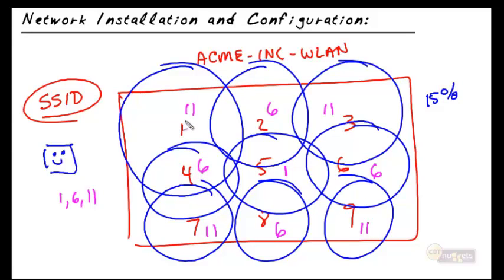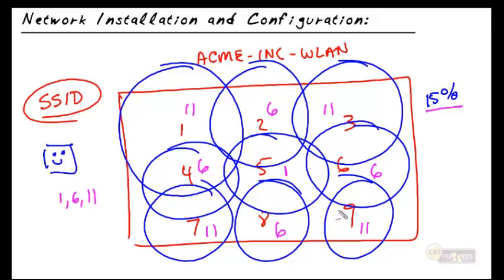And if we look at that, we should have none overlapping. So 1 is the hub. You could use 11 as the hub or 6 as the hub. It doesn't matter. And then you rotate the other 2 non-overlapping channels all the way around it. So this is an example of an extended service set with 15% overlapping in coverage and 0 overlapping in frequencies.